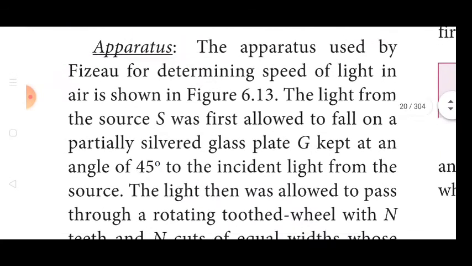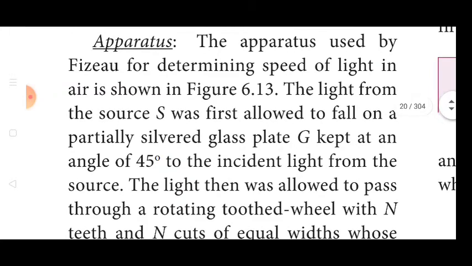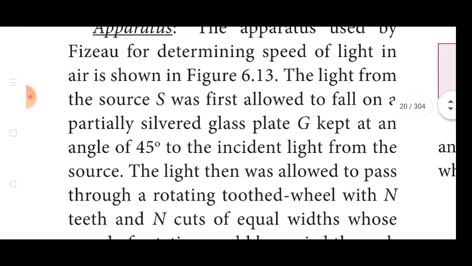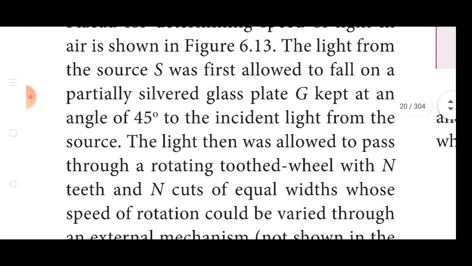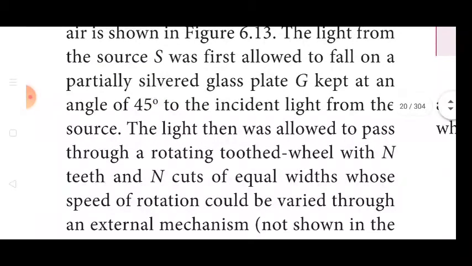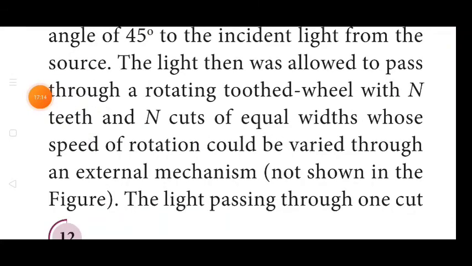The light then was allowed to pass through the rotating toothed wheel with n teeth and n cuts of equal width, whose speed of rotation could be varied through an external mechanism, which is not shown in the figure.